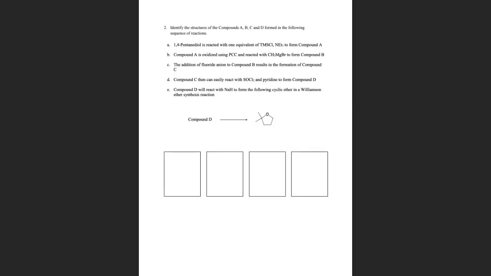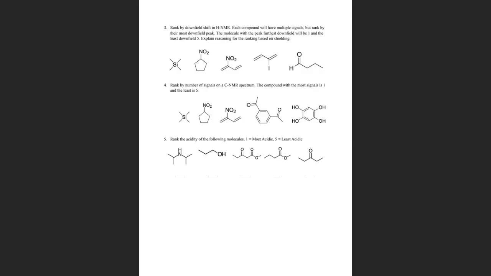I guess we can do a ranking question just in case. Let's start off with an easier one. Number 4 says to rank by the number of signals on a CNMR spectrum. The compound with the most signals is 1 and the least is 5.